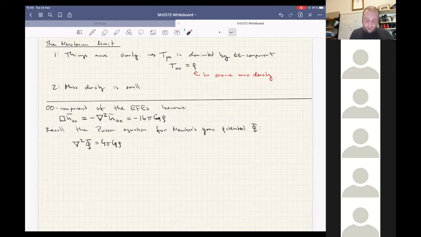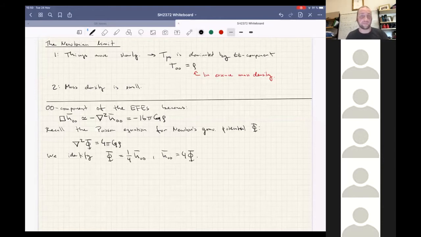So this looks rather similar to this thing. In fact, it looks exactly like that thing. So what we can now identify is the Newtonian gravitational potential with 1 over 4 times h00 bar. Or in other words, h00 bar is 4 times the Newtonian gravitational potential in this case.